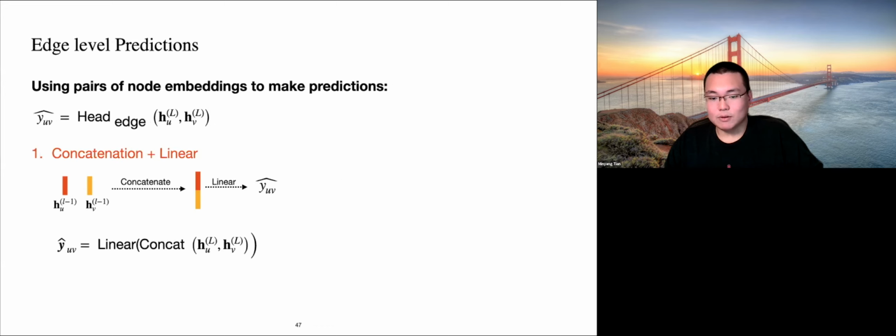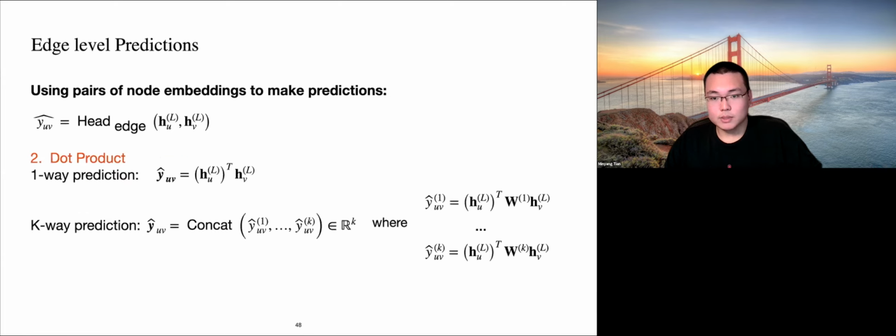For edge level predictions, we can use pairs of node embeddings to make predictions. There are two options we can use. The first is concatenation plus linear. Here, linear will map the 2d-dimensional embeddings, since we concatenate the embeddings, to k-dimensional embeddings, because we have a k-way prediction.